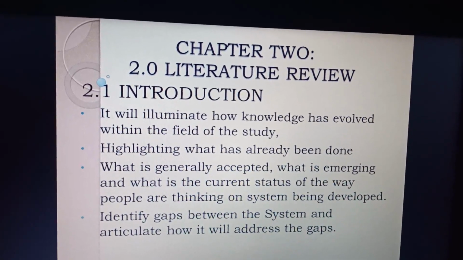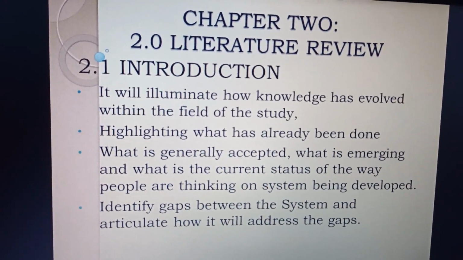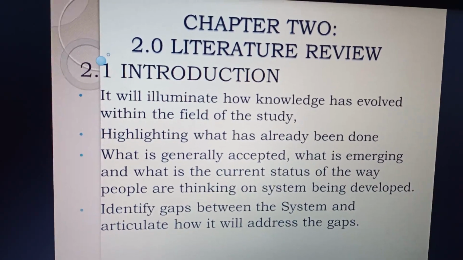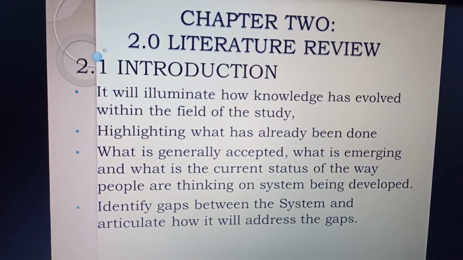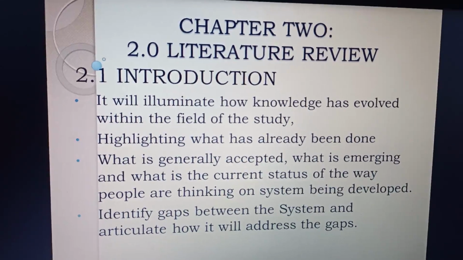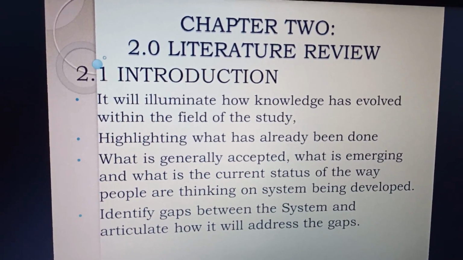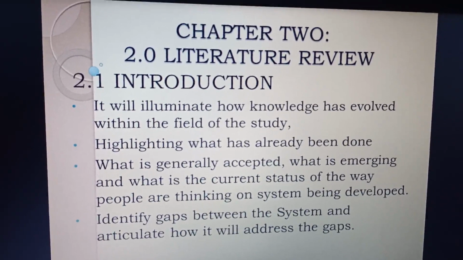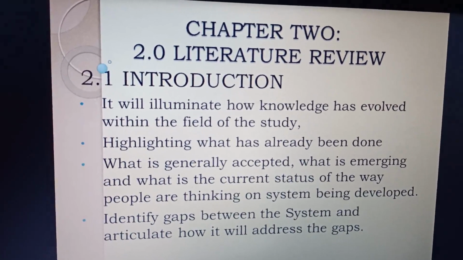Also, you have to identify the gaps between the system being developed and articulate how your system will address the gaps. When we talk about the gaps in literature review, we mean the problems. The problems that you have found in other systems that you may have come across.